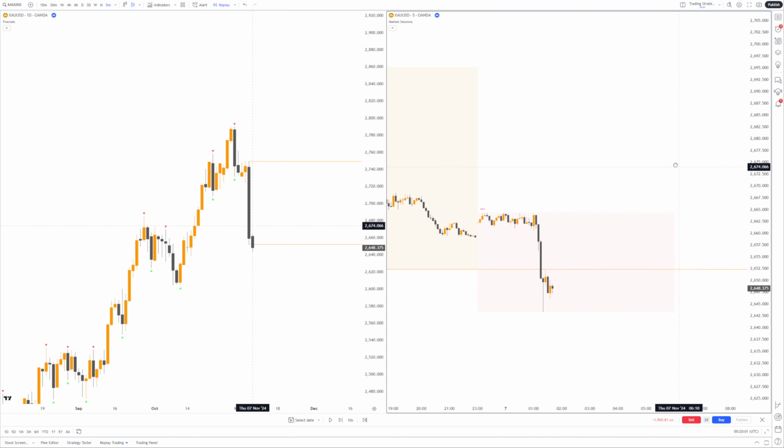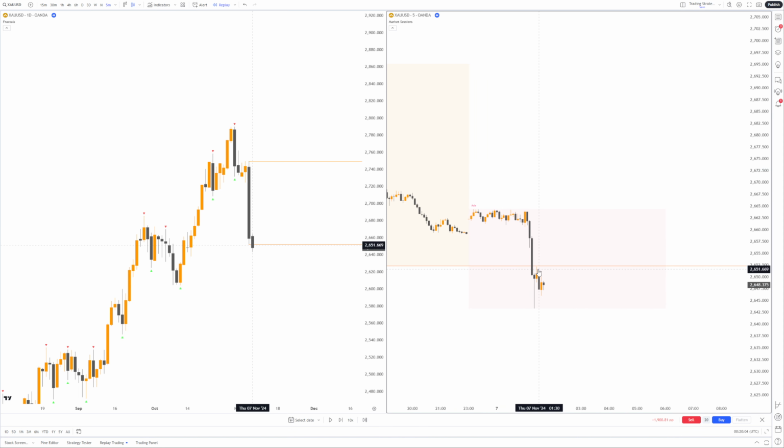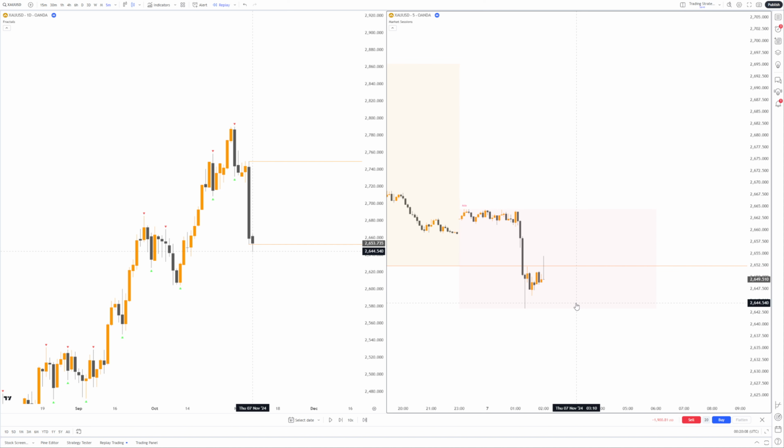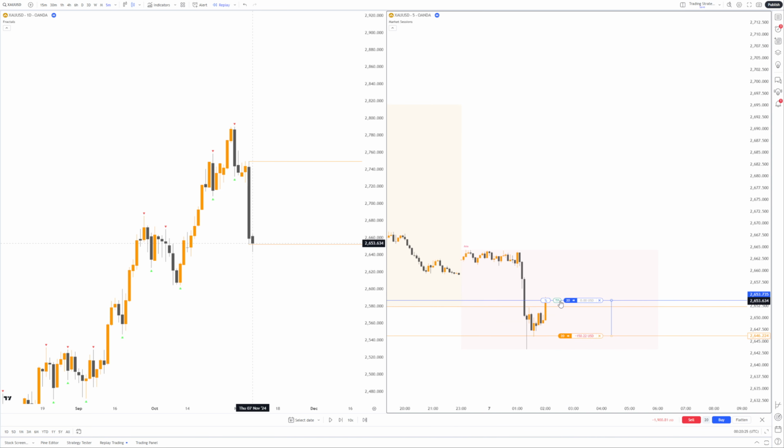Okay, so close below, didn't quite break up, so we wait. Perfect. Okay, so now we are going to enter that trade. We are going to place our stop loss, could be under that candle. I'm just going to place it just under here, and then we will aim for a 3 to 1.